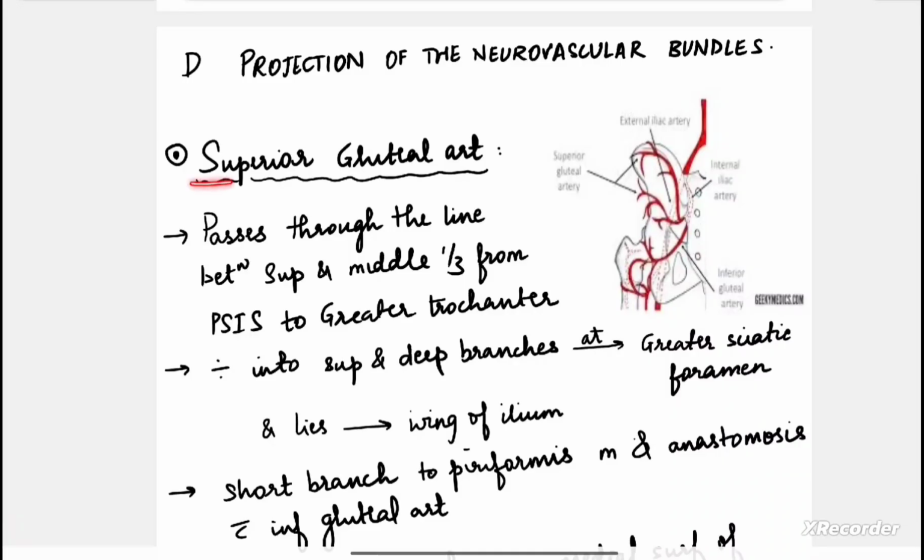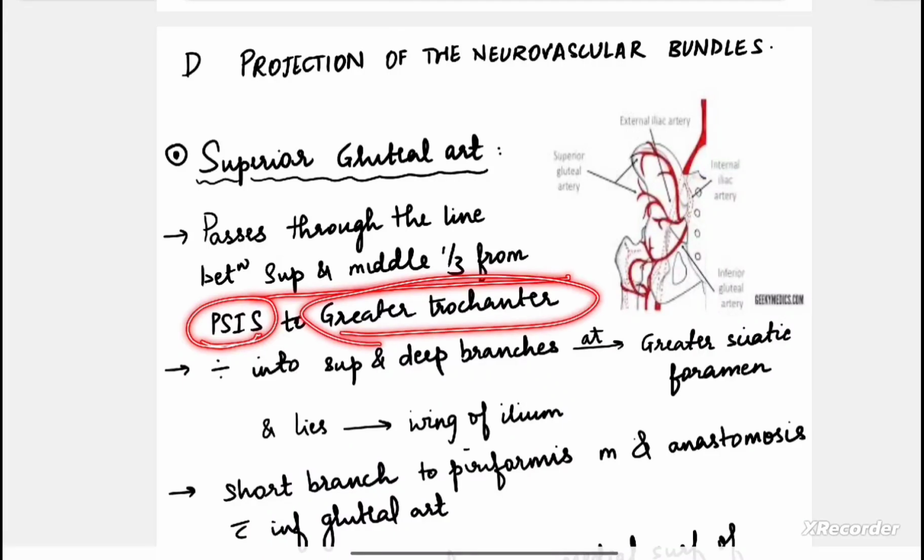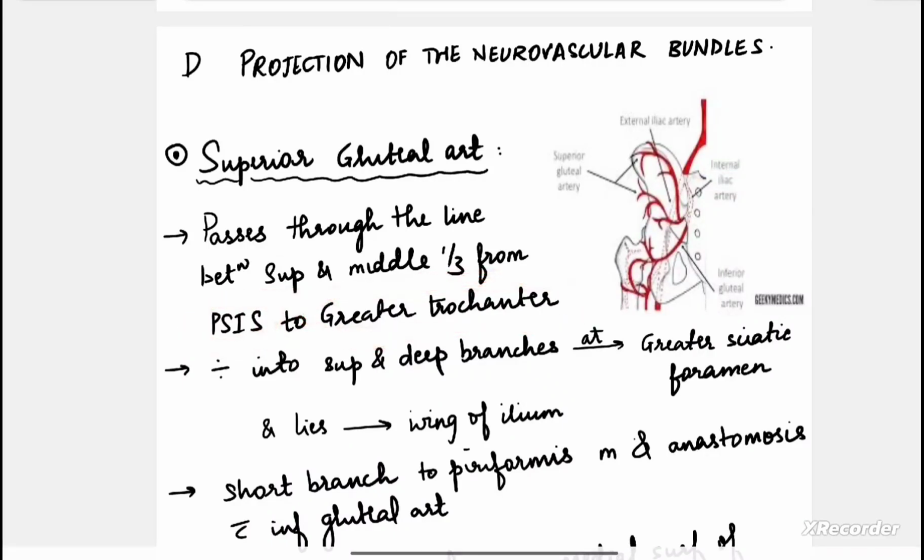Now, this superior gluteal artery passes through the line between the superior and medial one third, from the posterior superior iliac spine to the greater trochanter. See, it is passing through this.